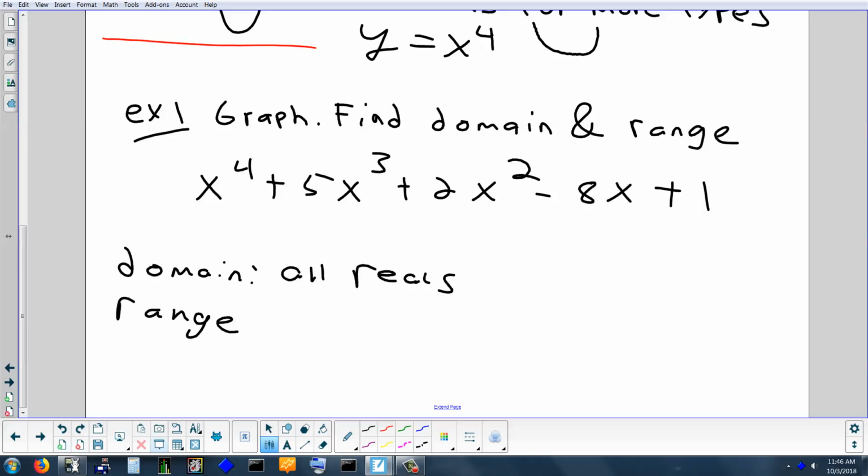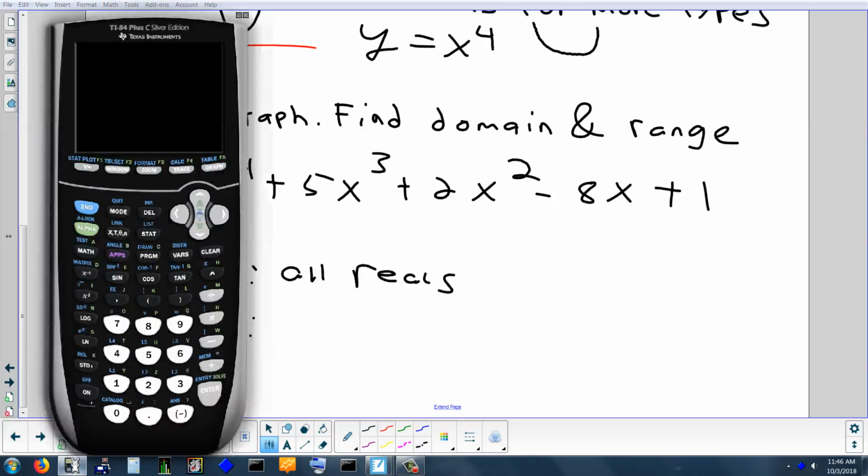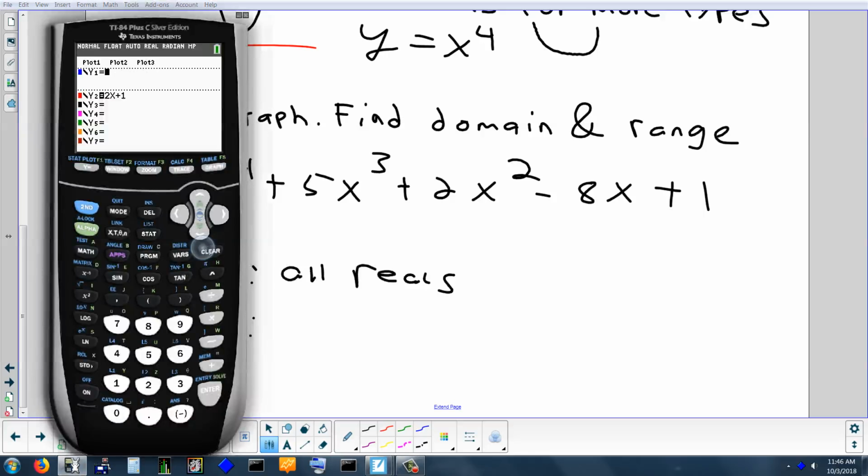To get the range, that's where the graphing calculator will help us out. So we've got x to the fourth plus 5x cubed plus 2x squared minus 8x plus 1.